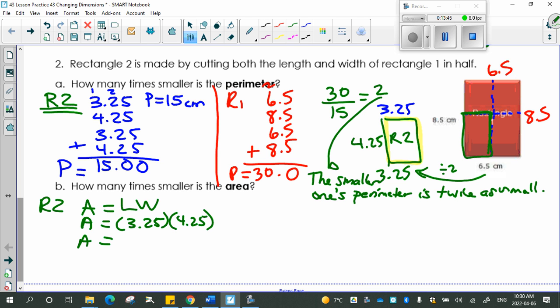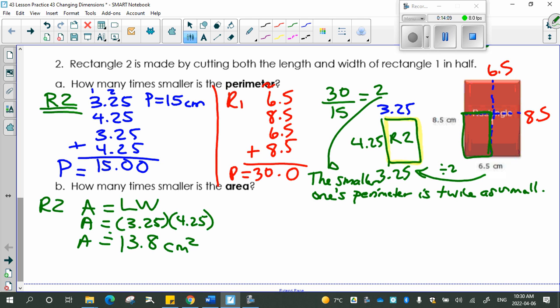So we just multiply them. And we get 13.8 approximately, and that is in centimeters squared. Area has square units, remember?